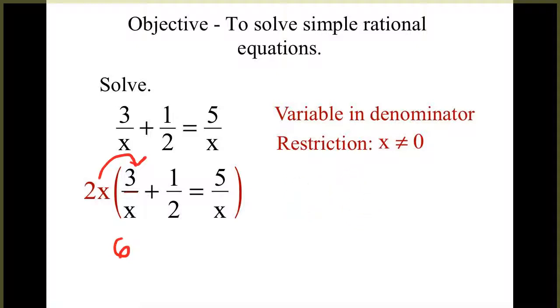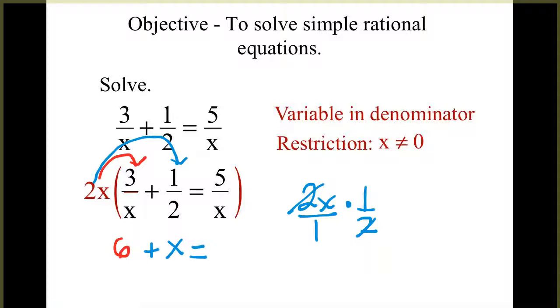Next one. I'm now going to distribute the 2x to 1/2. So 2x times 1 over 2, if you need to put that over 1. Now my 2's cancel out, and what I'm left with is 1 times x. Equals, now the third one, I'm going to be distributing it here.